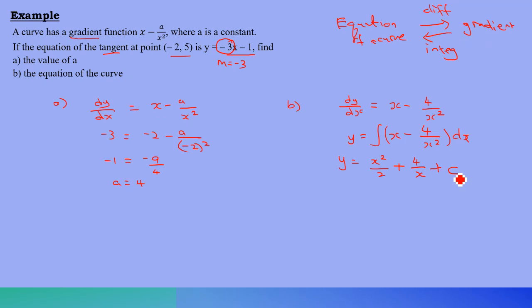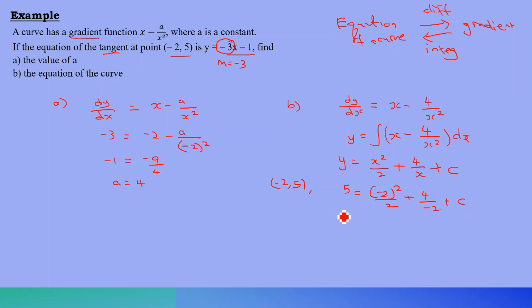Now how to find c? Since they say one of the tangent points is (-2, 5), that means your x is negative 2, y is 5. So use this point to find your c. So 5 equals (negative 2) squared over 2 plus 4 over negative 2 plus c.